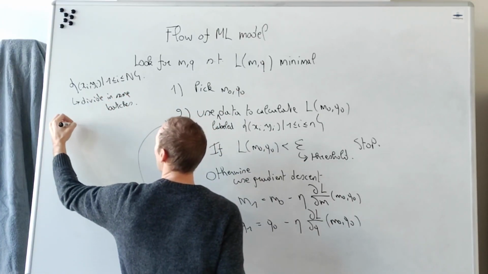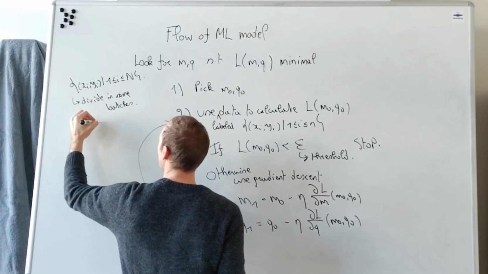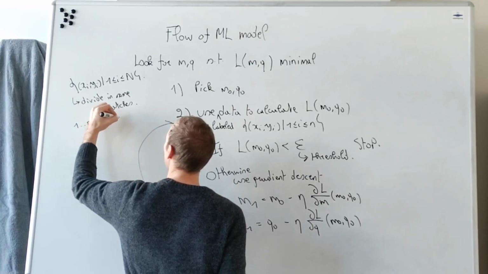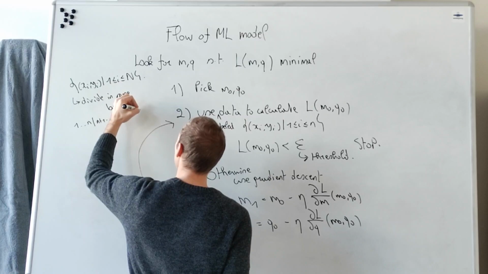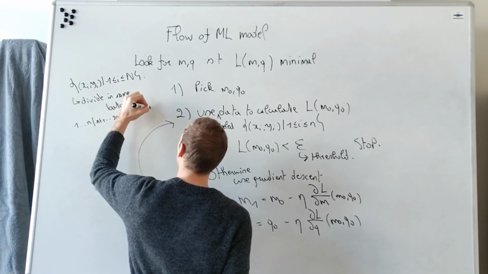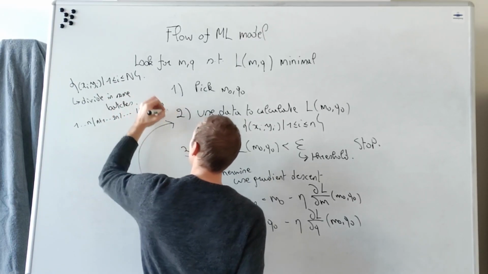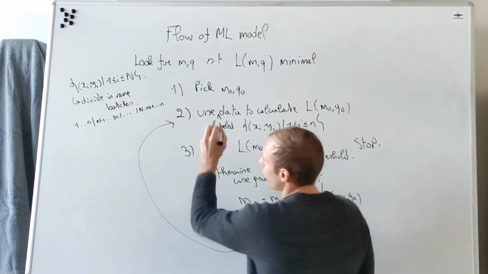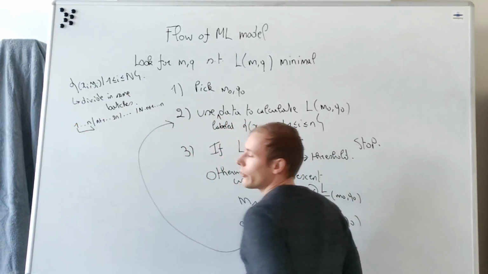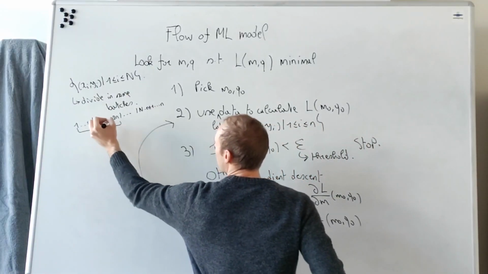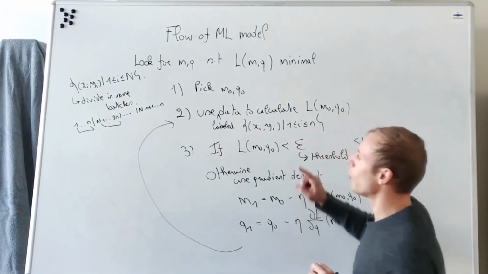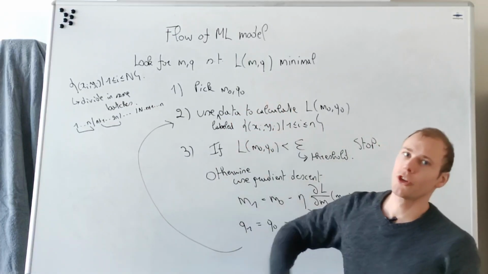So you're going to say from 1 to n is a batch, then from n plus 1 to 2n is a batch, all the way from n minus n plus 1 to n, that's a batch. So for the first round you pick these first small n data points, then for the second round you're going to use these ones, and so on and so on. If you use all of them, you're just going to continue again.